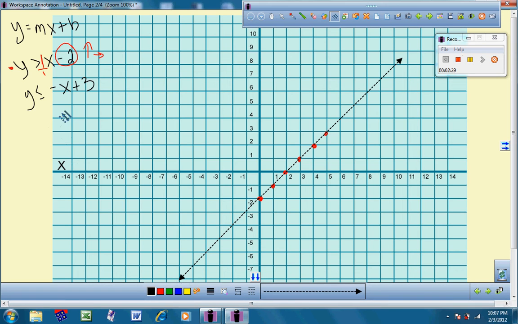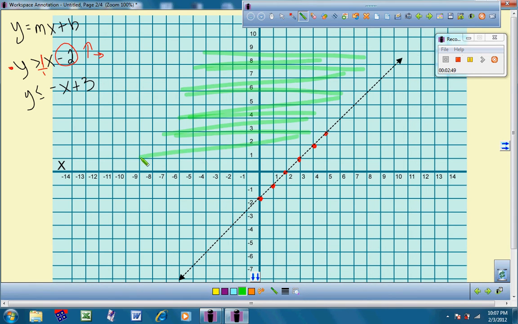Now we've got to figure out where we're going to shade. Remember, if it's greater than, we are going to shade above the line. So you're going to shade everything above the line that you have drawn. Okay, great.